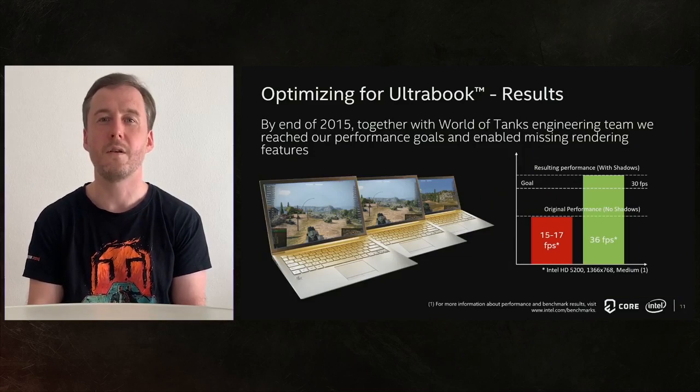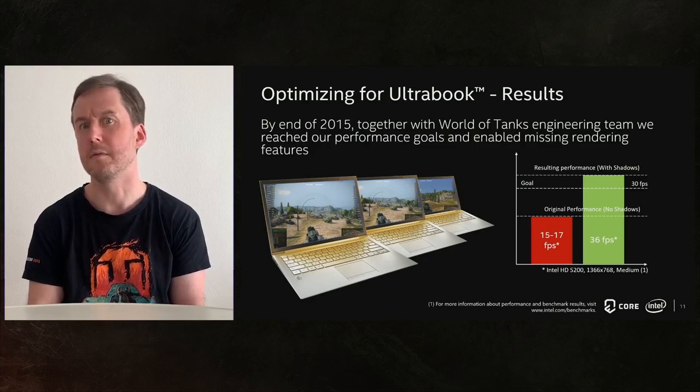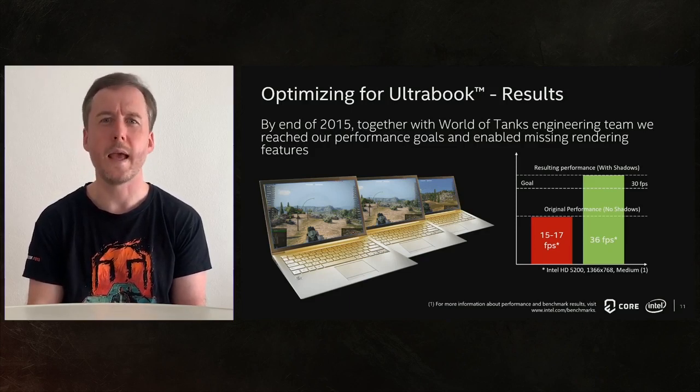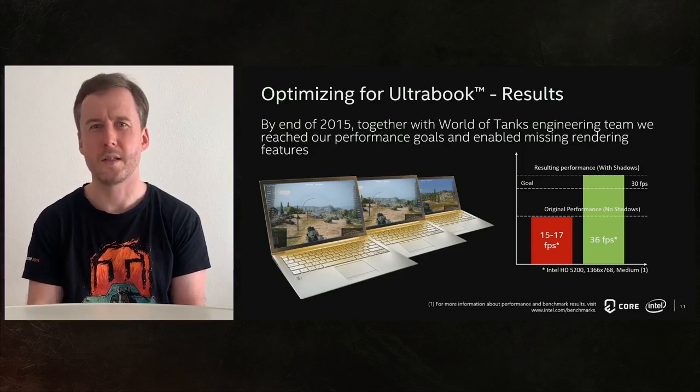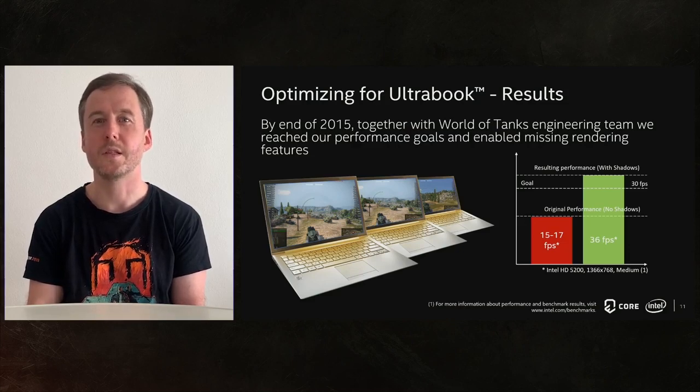And with all the optimizations we did over more than a year, we were able to improve performance by more than twice and have performance of more than 30 frames per second with shadows enabled.